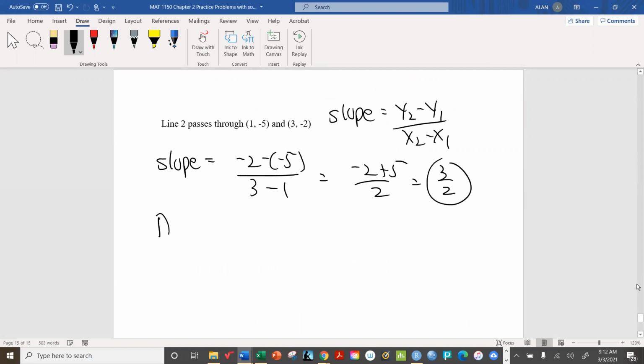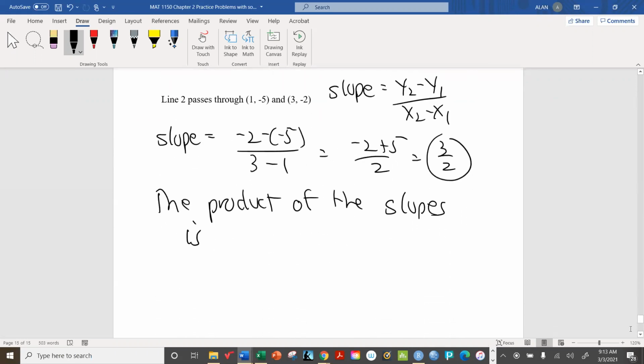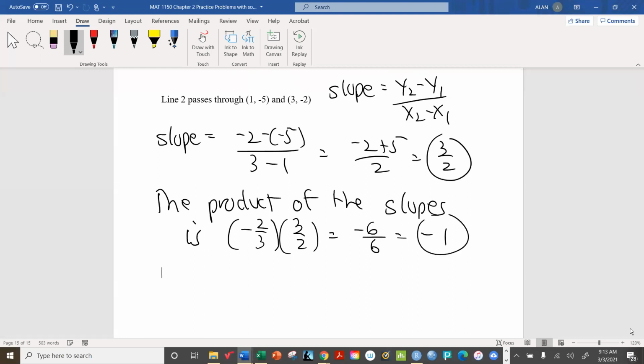So the product of the slopes is, of course, -2/3 times 3 halves, which is -6 over 6, which is -1. And so our conclusion is that since the product of the slopes is -1, the lines are perpendicular.